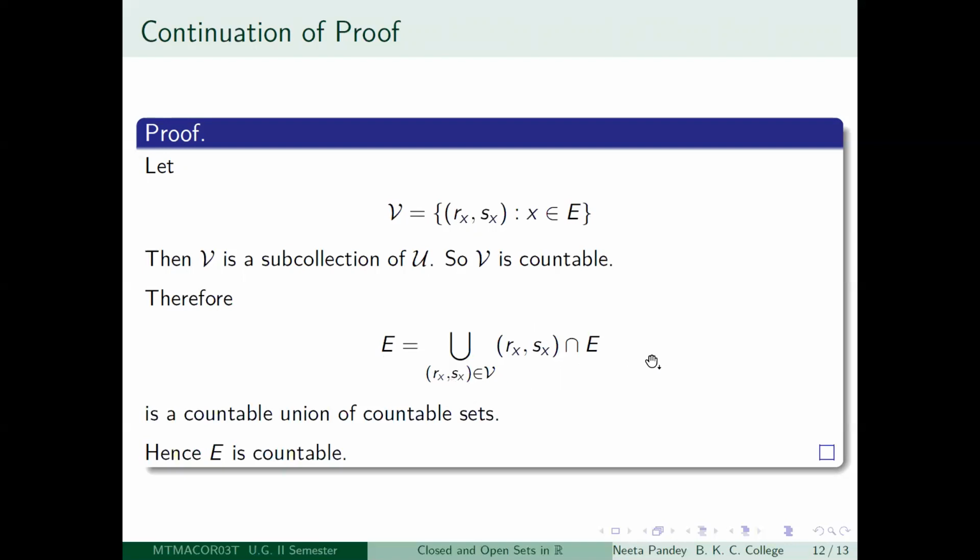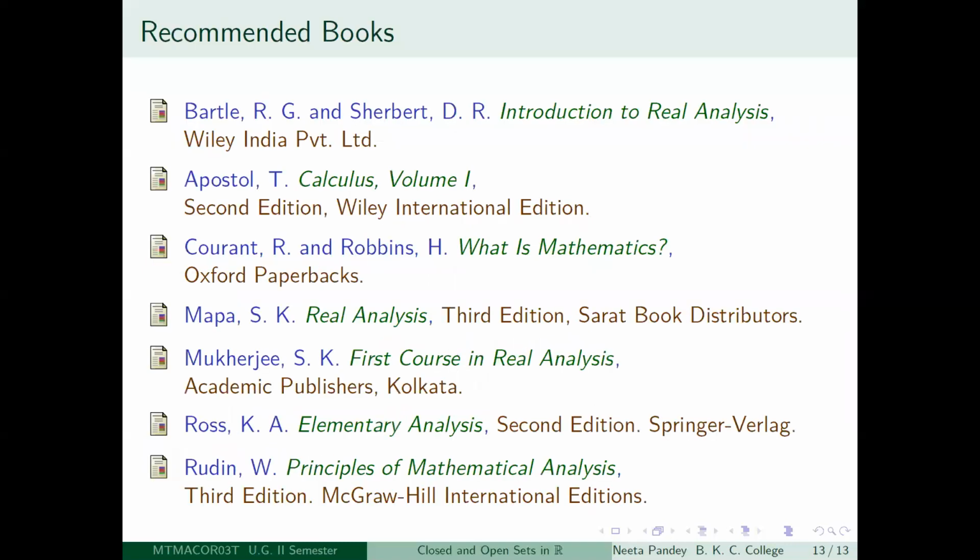That the union you are taking is over a countable family. So it is a countable union, and each of these is just a singleton, so it is a countable set. So capital E is a countable union of countable sets, and therefore it is countable. I think this is okay. So we will stop here, and in the next lecture we will try to start sequences in R.